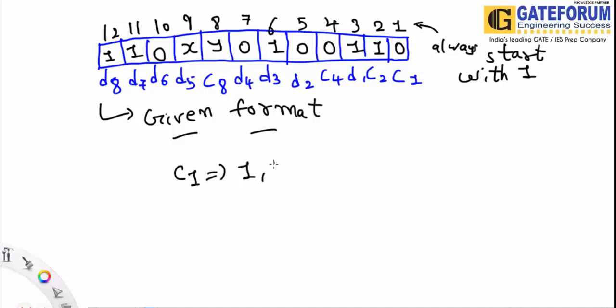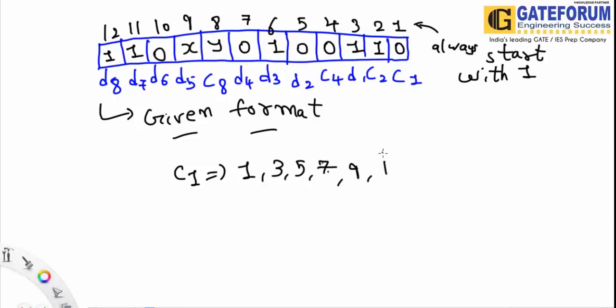Okay, now if we check C1, C1 will take into consideration positions 1, 3, 5, 7, 9, 11. We only have till 11, so we will take that. So what is the value at 1? Let's try to identify.